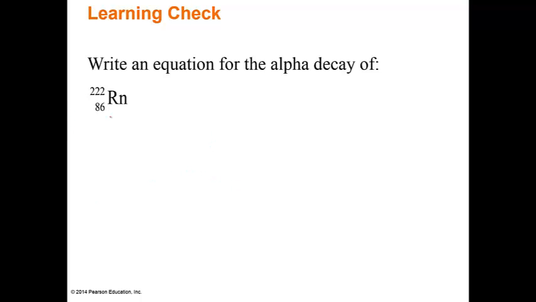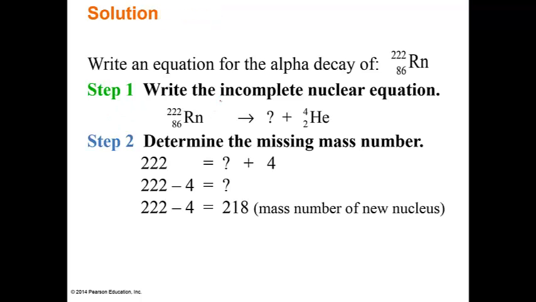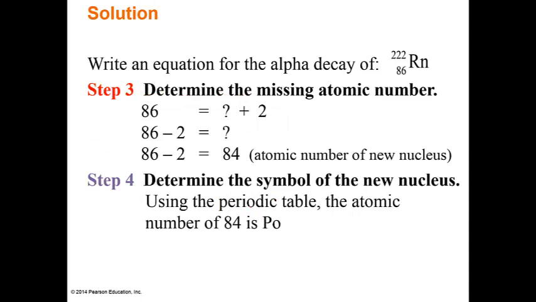All right. So write an equation for the alpha decay of Rn-222. Okay. So, write an incomplete nuclear equation. Well, we've got Rn, and we know that an alpha particle is going to come off. So if we go 222, we know that the new mass number, because we're going to lose 4, is going to be 218.